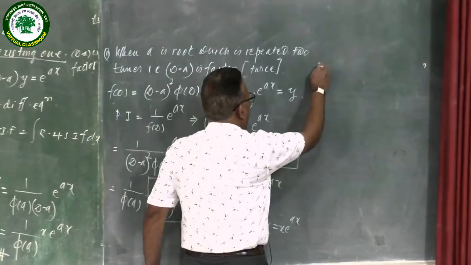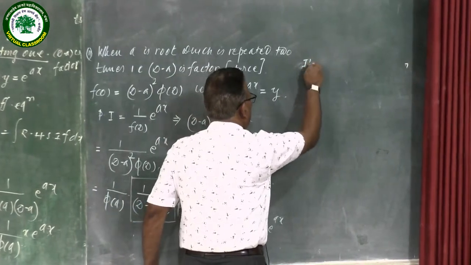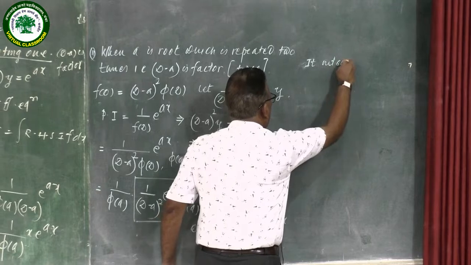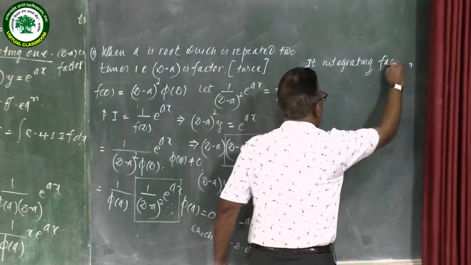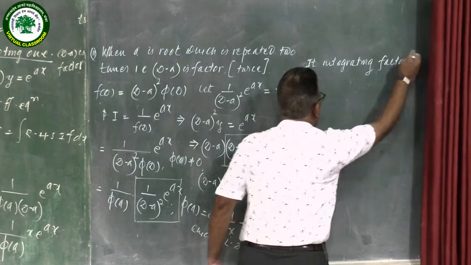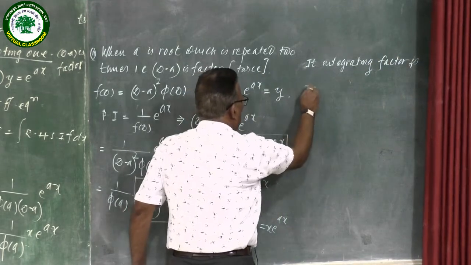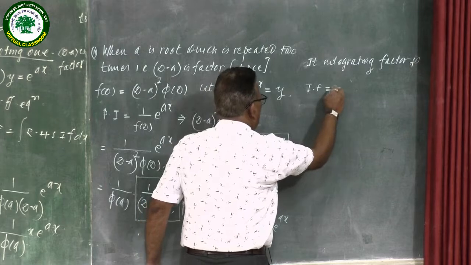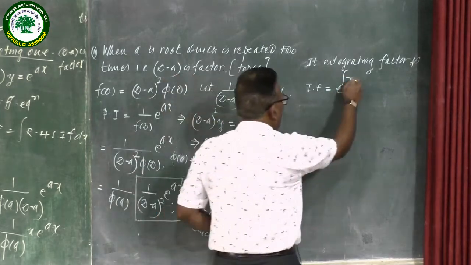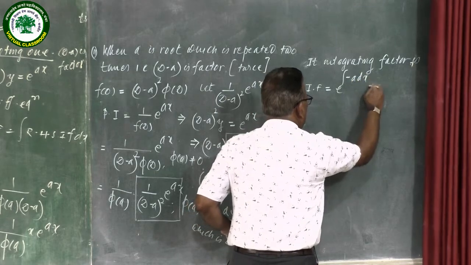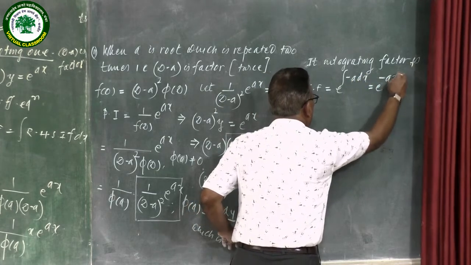Therefore, the integrating factor is e raised to minus a dx, which is equal to e raised to minus x.